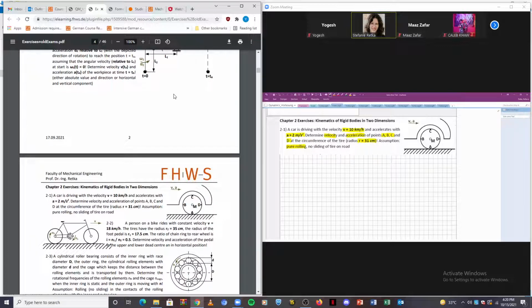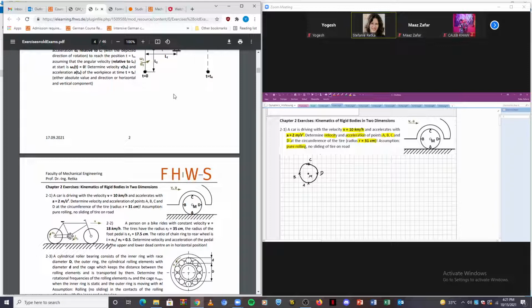Now, to solve this problem, we will start, as always, with a figure. We'll draw a figure of this tire, including these points A, B, C, D, and the middle, M. Okay, and now, as we just discussed, we know that point A is identical to our velocity pole.